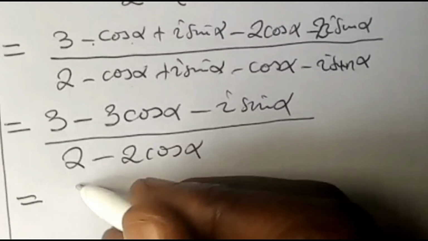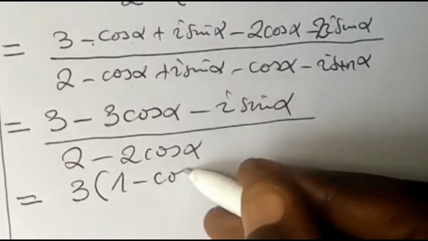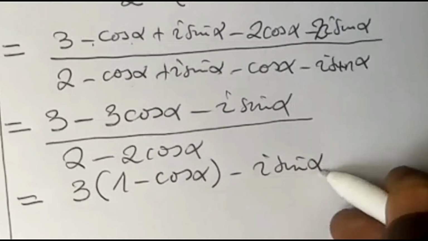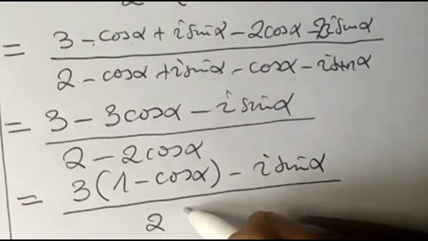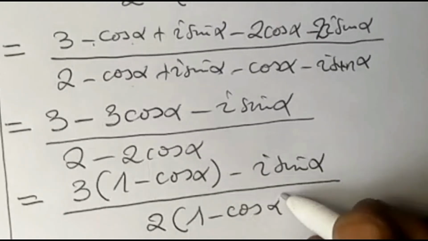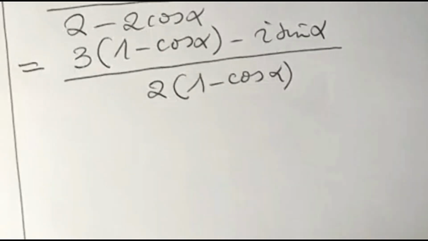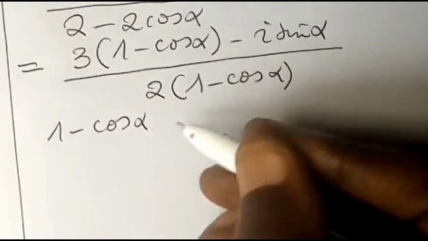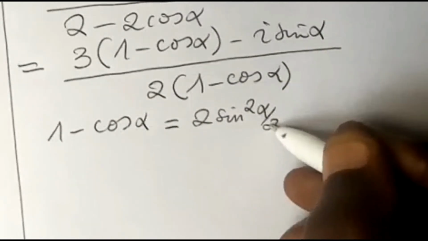At the numerator, the real part 3 factorizes to give 3 (1 minus cos alpha) minus i sin alpha, all over 2 is common at the denominator, 2 (1 minus cos alpha). Now the expression 1 minus cos alpha is actually 2 sine squared alpha on 2.